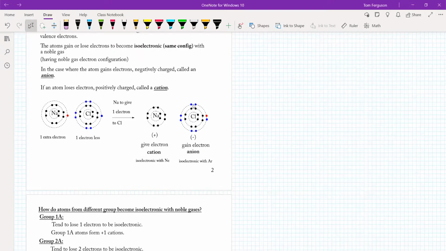If we look at this, it's kind of a Bohr atom representation. We have this outer valence electron combining with an outer valence electron of chlorine, in where we have now a full shell.